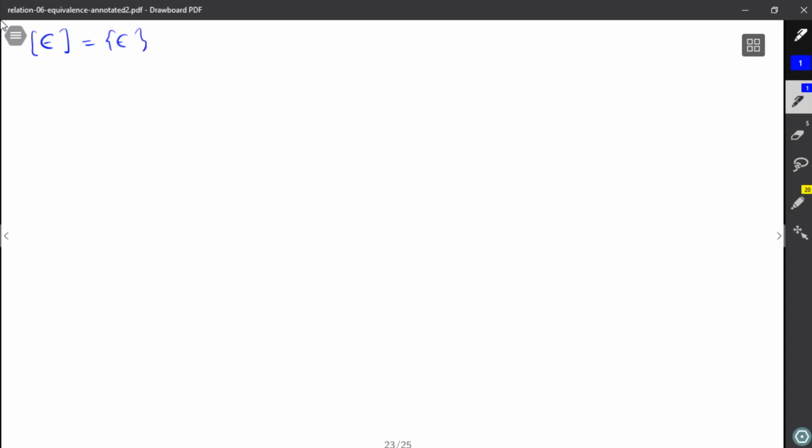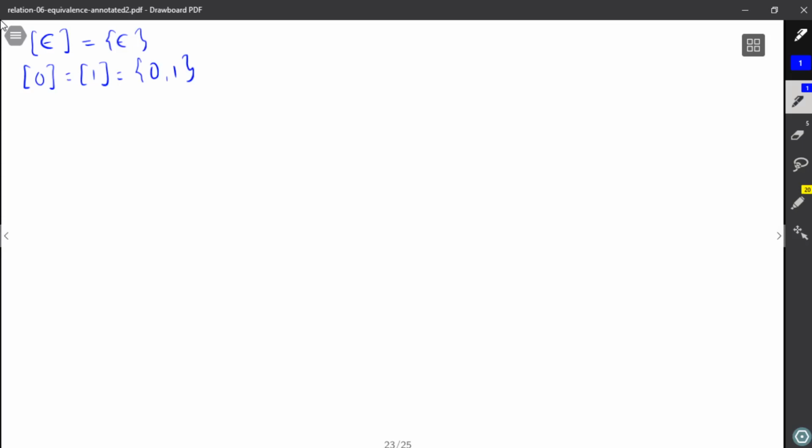What about strings of length 1? We have 2, and in fact they are in the same equivalence class, because both 0 and 1 are of length 1, and h2 of 0 and h2 of 1 are the same, which is the empty string.